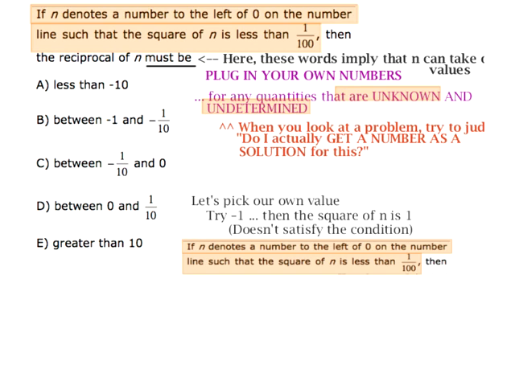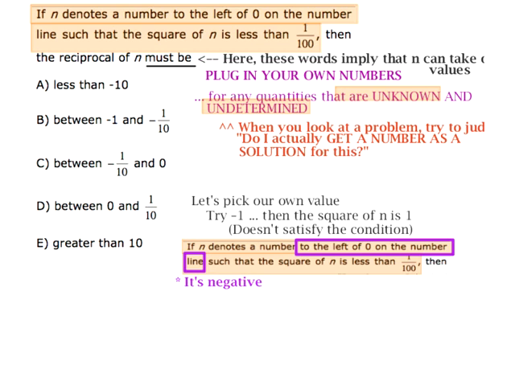If you look at these words right here, "to the left of 0 on the number line," that's just kind of a weird way of saying that it's a negative number. So when you say -1, you got that part, but it's not any negative number in the world. It's a negative number such that the square does what you want it to. So the square of it is going to be less than 1 over 100.